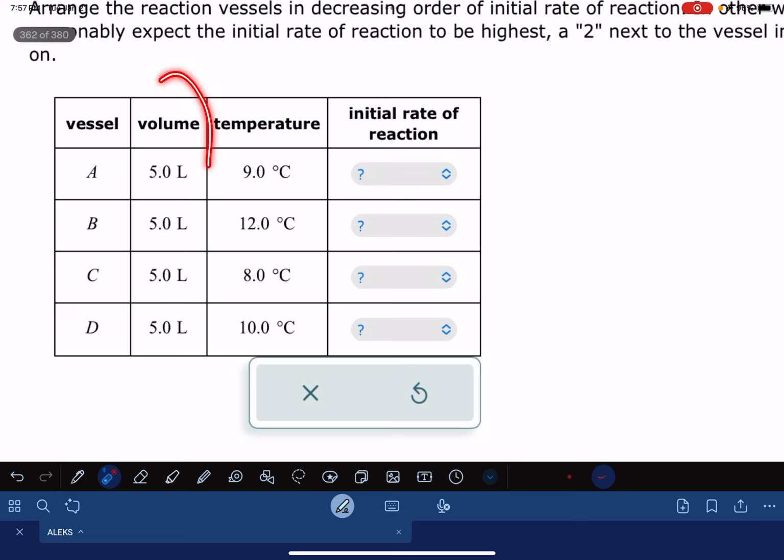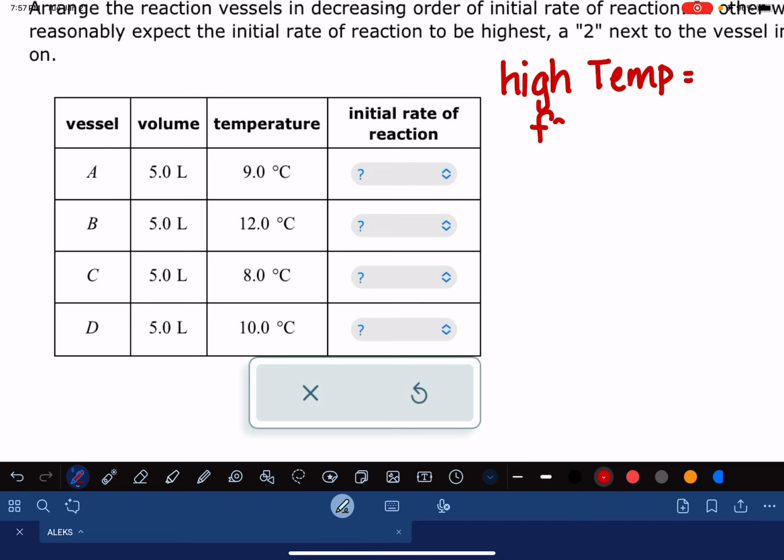So for this version of the problem where you have constant volume, we're looking at the temperature. We're comparing the temperatures, and the higher the temperature is, the faster the rate of reaction. This is because as the temperature is high, the molecules are moving super fast, they're reacting more quickly.